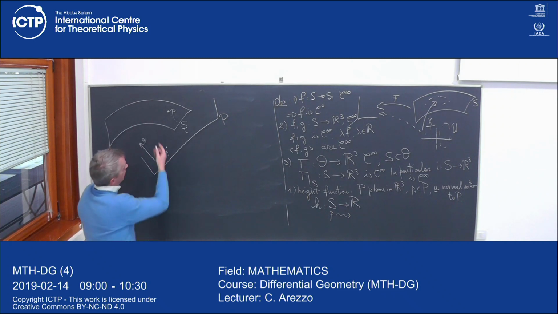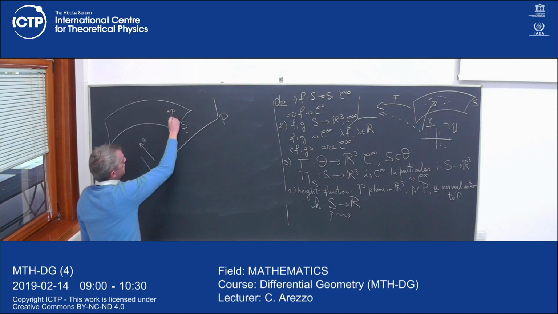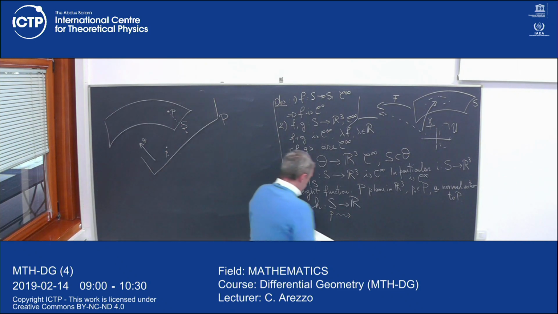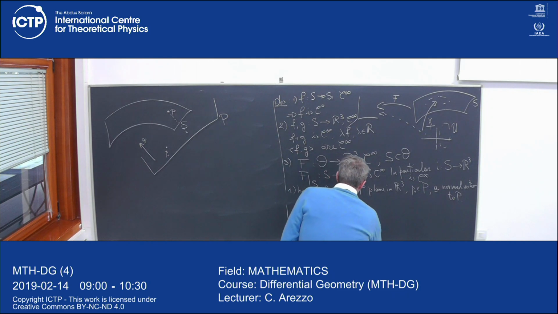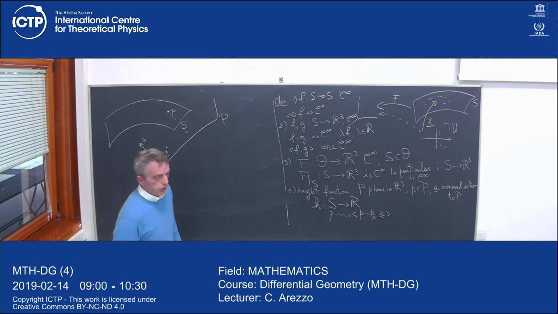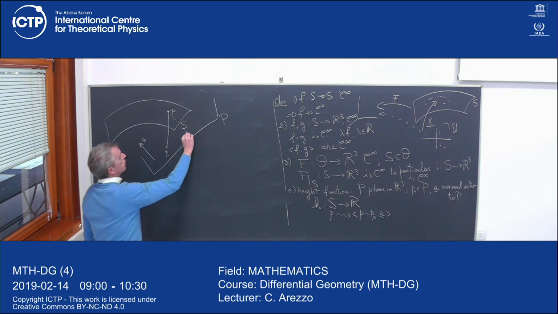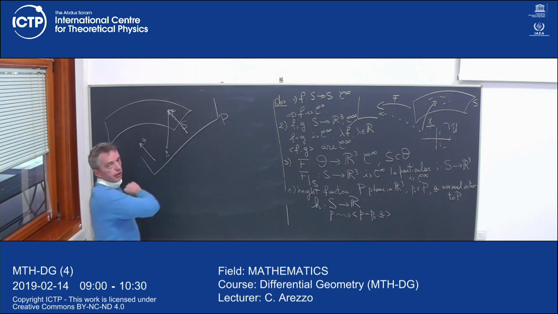Okay? So it's easy to write down. It's the length of this vector, but with the sign, remembering whether it lies on the left or on the right of your plane. So you can write it. It's something like this. You take this vector and you look at the orthogonal projection.